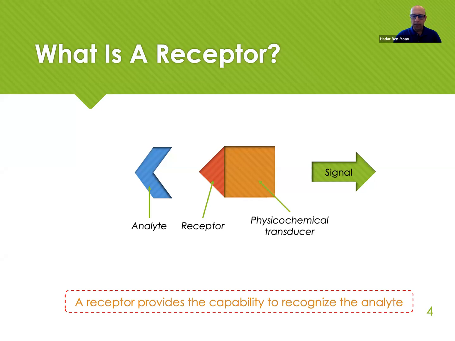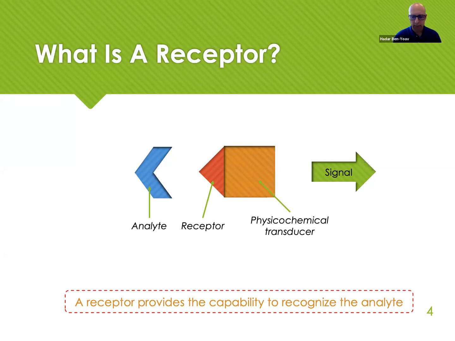So the receptor's goal is to provide the capability to recognize the analyte. Here you can see how it fits, like a structure, but it's only for scheme purposes. But eventually, if it won't be selective to the analyte, then we won't get any signal that is related to the actual analyte that we have. Any questions on this slide?